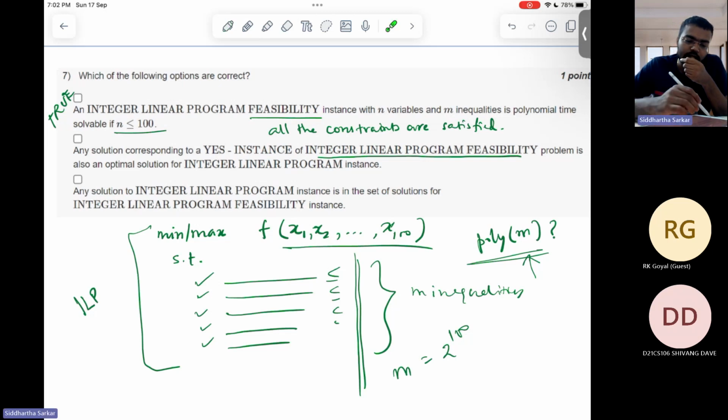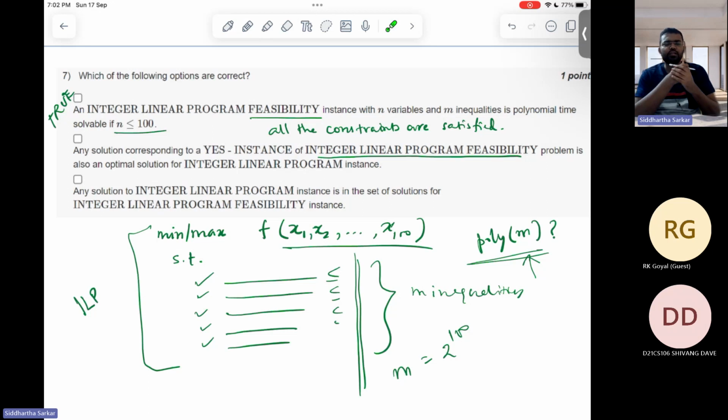The statement says that any solution corresponding to an ES instance of an ILP feasibility problem is also an optimal solution to the integer linear program. That means it also optimizes the objective function. So you consider any feasible solution, and that is also going to optimize the objective function. So this is not necessary.